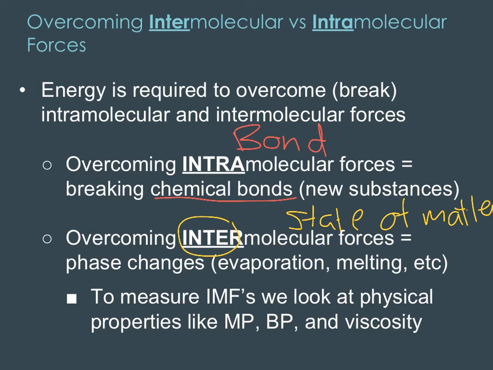We can't measure IMFs directly, but the way we can measure them is by looking at physical properties like our melting points, our boiling points, and viscosity. Viscosity is how thick a liquid is. Something highly viscous would be something where the molecules are really close together, like maple syrup.